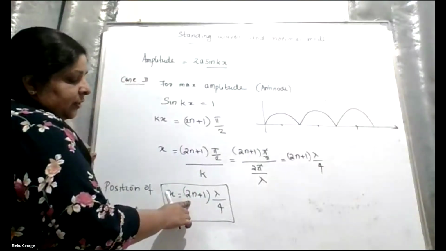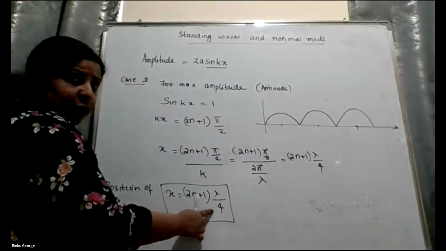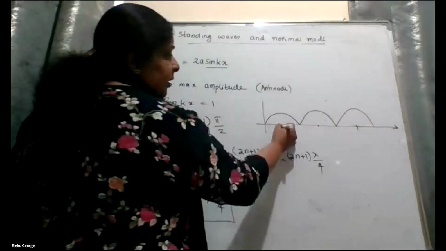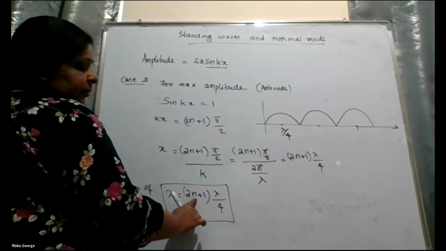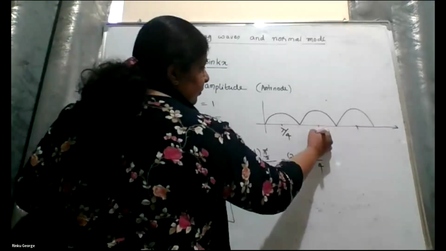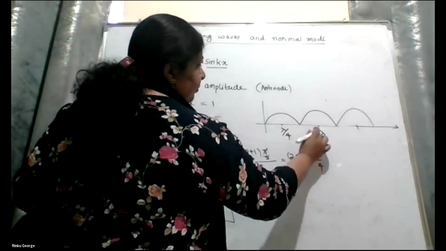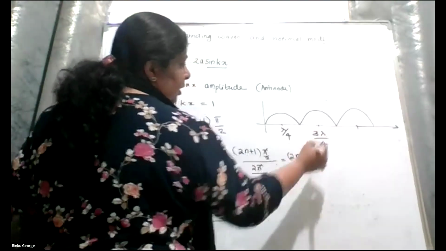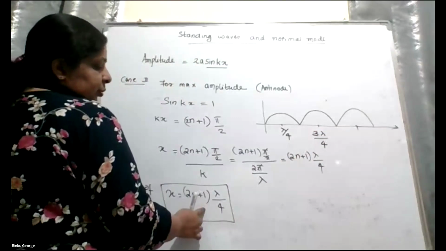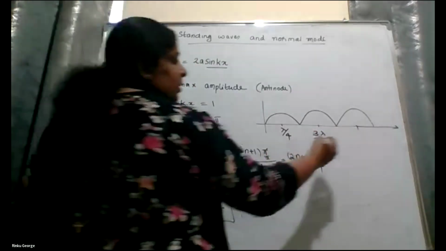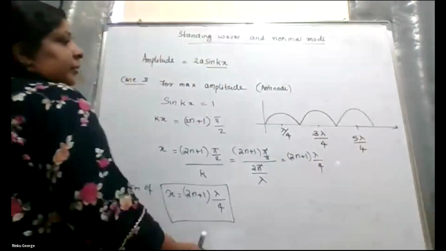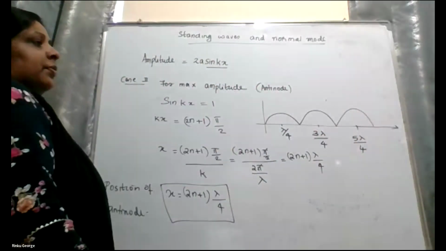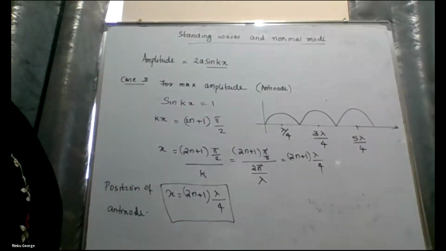So put n as 0, what will you get? Lambda by 4. So the first antinode will be at lambda by 4. Now n as 1, you get 3 lambda by 4. Put n as 2, 5 lambda by 4. Correct? So these are the positions of antinodes. Understood? Everyone understood?